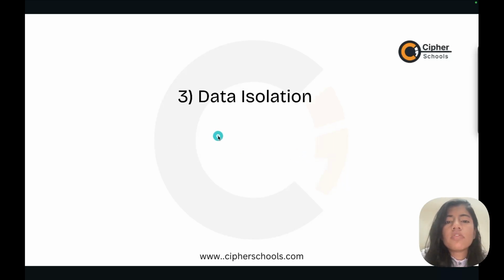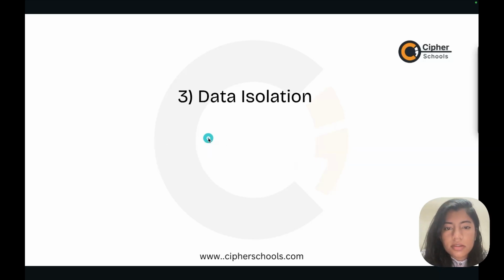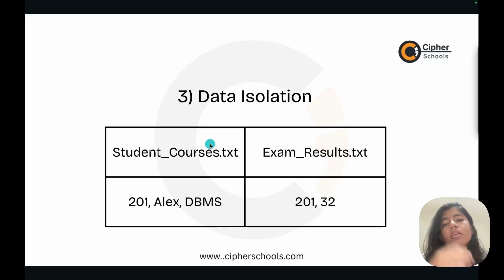The next problem is data isolation. Now consider a situation where one file stores content related to student courses, and the other file stores content related to exam results. So this file has the student ID, name, and that particular course, and this one has the student ID and the marks obtained.